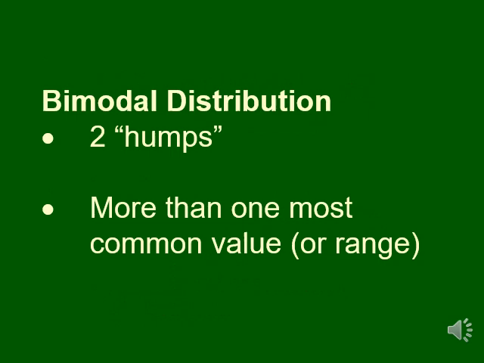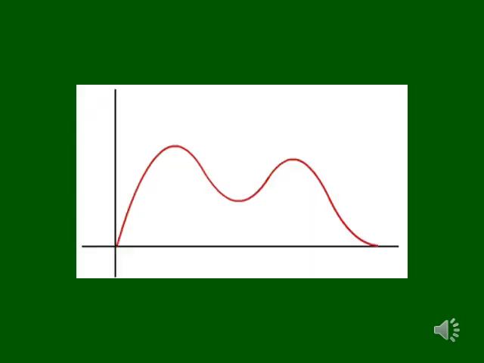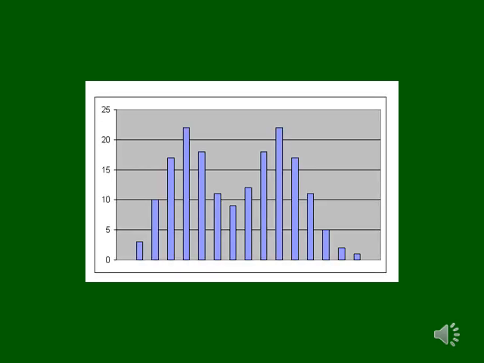The last kind of distribution is what's called a bimodal distribution, which literally means there are two modes. You've got two most common values or two humps in your data. Here's a picture where you can see there's a cluster at the left and another cluster at the right. That's bimodal. And again, the same sort of thing happens when you have a bar graph.